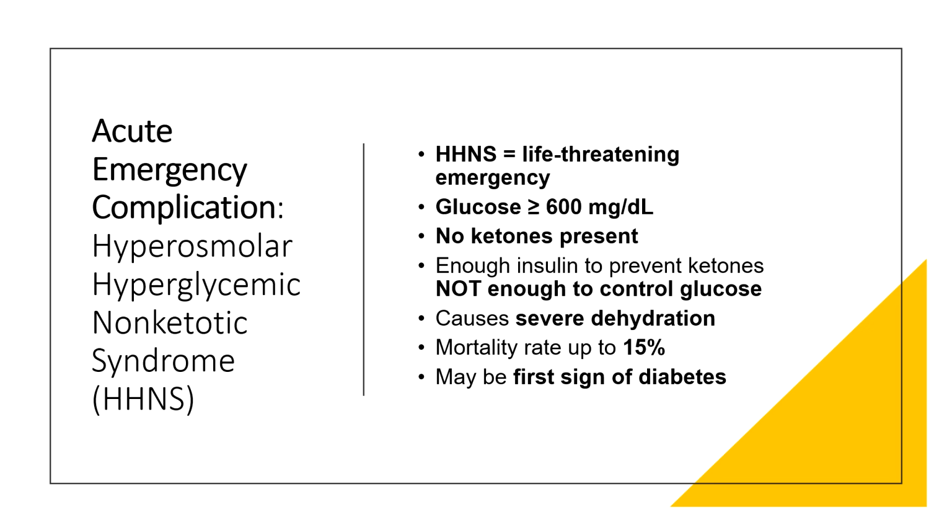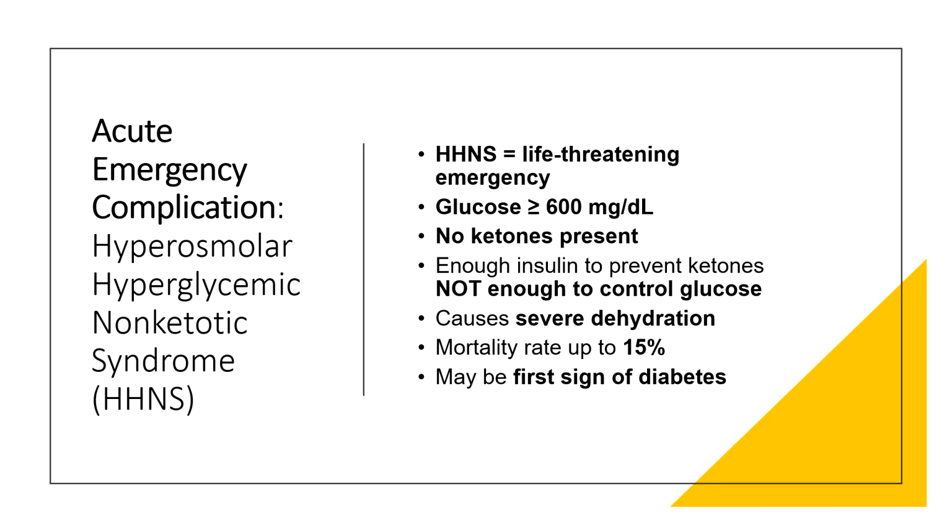Right. One of the last complications that you're going to see is HHNS, hyperosmolar hyperglycemic non-ketotic syndrome. All right, very serious complication of diabetes, especially type 2 diabetes, because their blood glucose level becomes extremely high, often above 600.